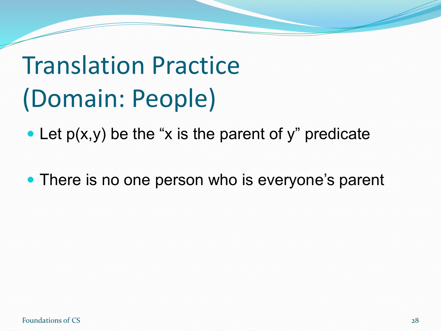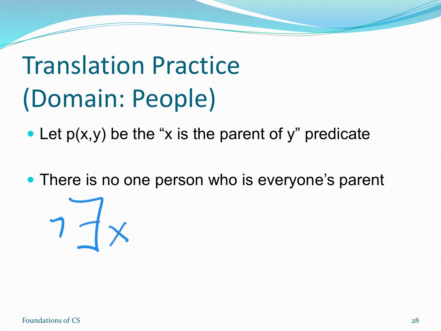All right, next one, domain is still people. P of X, Y is still X is parent of Y. There's no person who is everyone's parent. So I'm just going to start thinking about this. There does not exist a person. So for there does not exist a person, I'm going to go back to using X, why not?